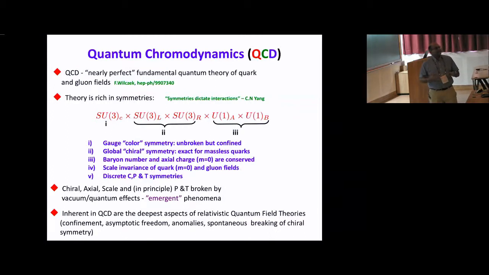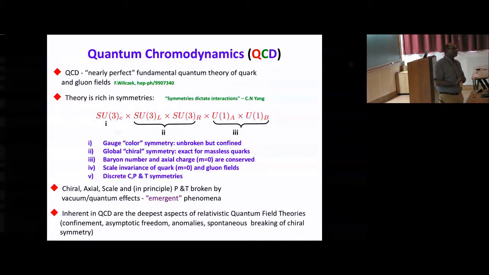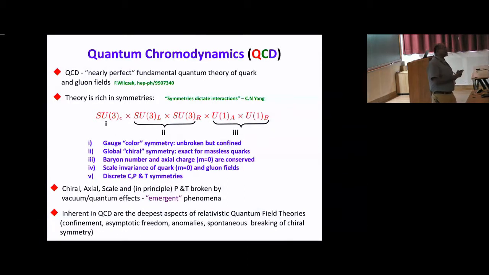The fact that the measure of your path integral can have observable consequences, for example, the decay of pi naught to 2 gamma. That's really fundamentally coming from the non-invariance of the measure of your path integral to this U(1) axial symmetry. And then also the spontaneous breaking of chiral symmetry.